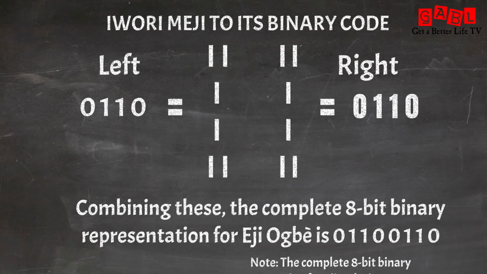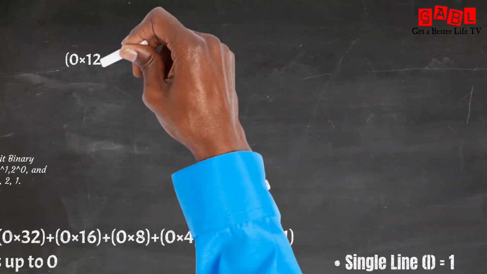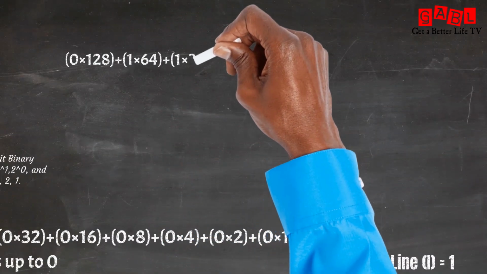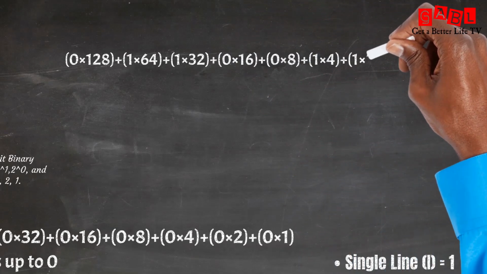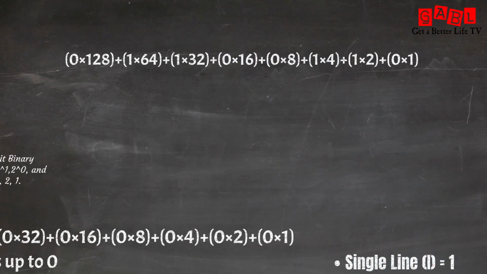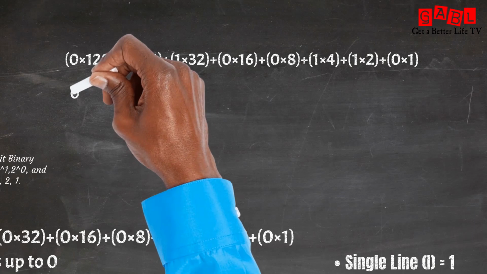Now, converting this binary code to its decimal equivalent, as you can see on the screen, we have this.